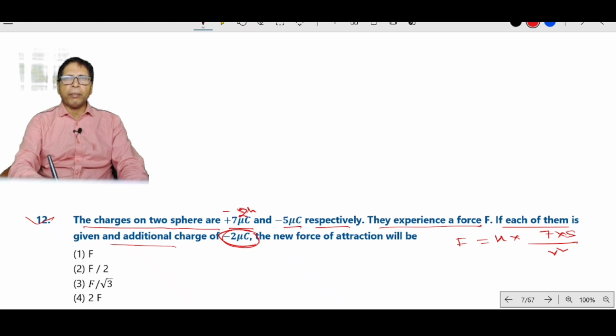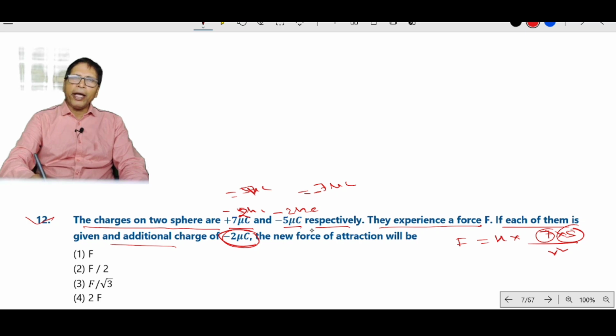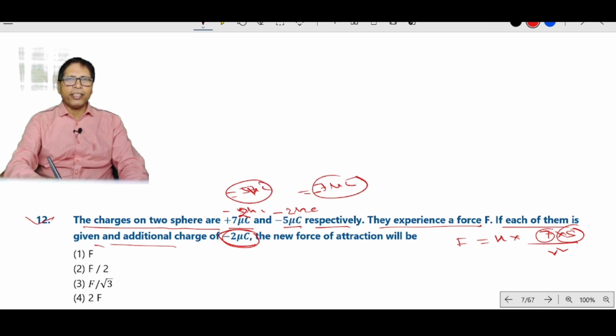So 7 microcoulomb minus 2 microcoulomb is 5 microcoulomb, and minus 5 microcoulomb minus 2 microcoulomb is minus 7 microcoulomb. So the net force between 5 and 7 is the same as the net force between 7 and 5. So the net force is F.